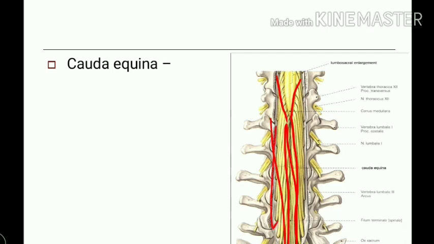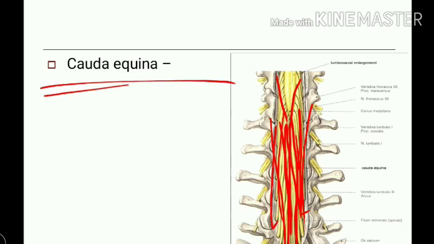You can see here multiple descending roots, which surround the filum terminalis. This bundle of descending roots forms the tail of the horse and therefore it is known as cauda equina.